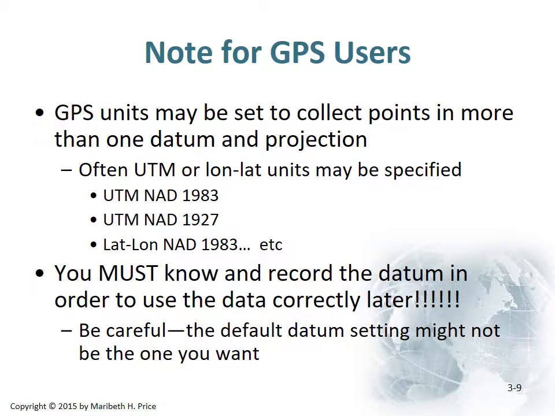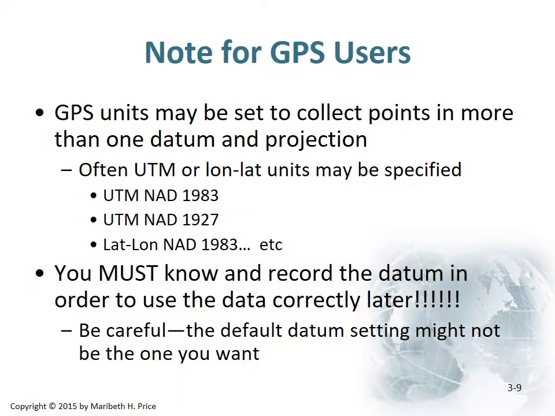And if you don't, when it comes time to transform your field data into point locations to use in analysis, if you come to me or someone else and say, you know, I took these points with a GPS, but I don't know what to do with it. First thing we're going to ask you is, well, what datum and projection were you using? What coordinate system was it? And if you don't know, then we just say, well, congratulations.